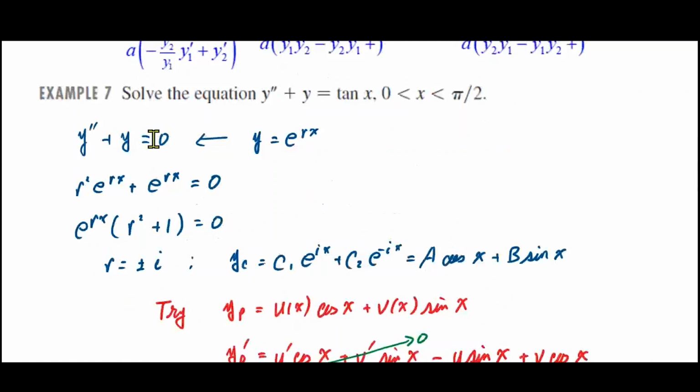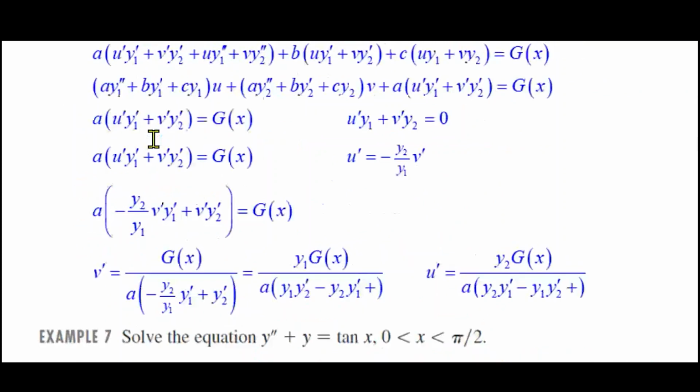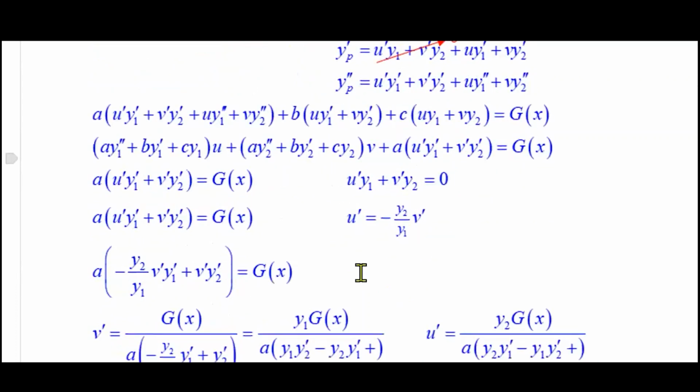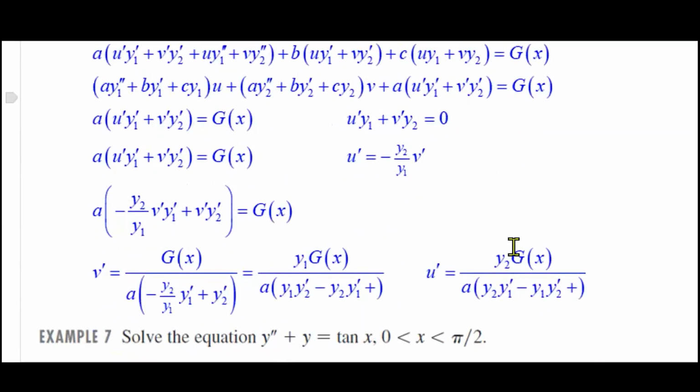So that term now is equal to the other side, which was our tangent. And then remember this thing, we set it to 0, is right here. And these two give us a system of equations. So here we eliminate u prime by solving it, right? Sine, cosine over cosine. And then plug it back in here. And then the rest is just algebra and calculus.